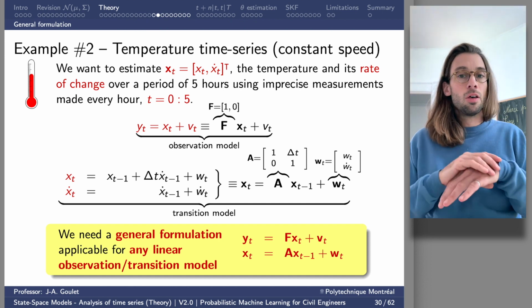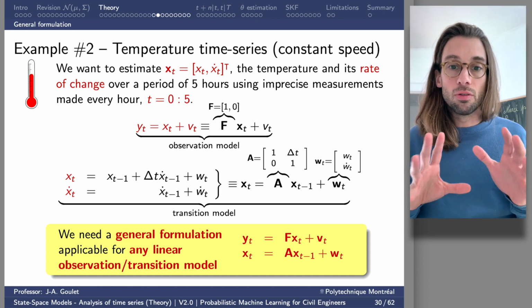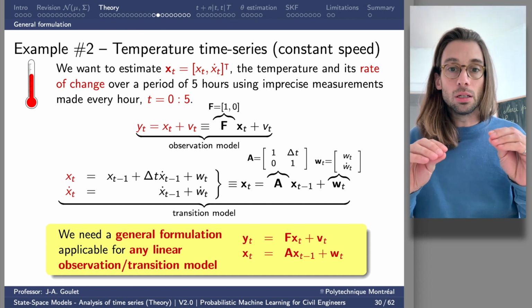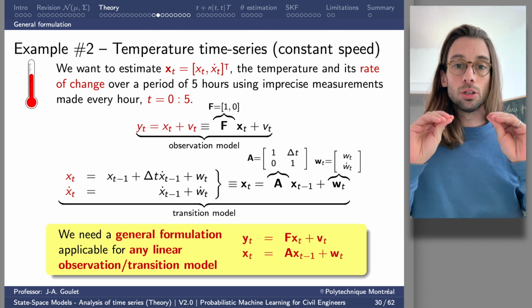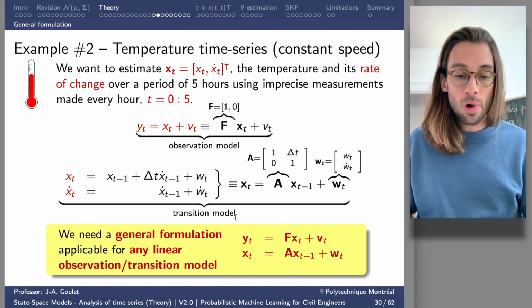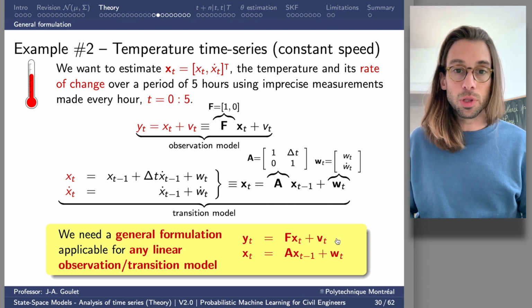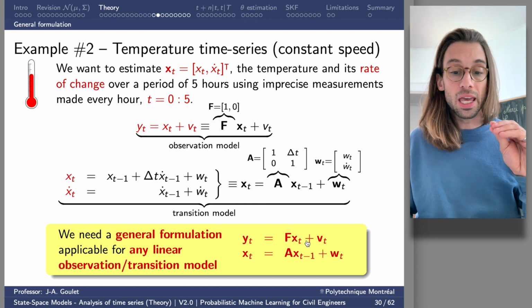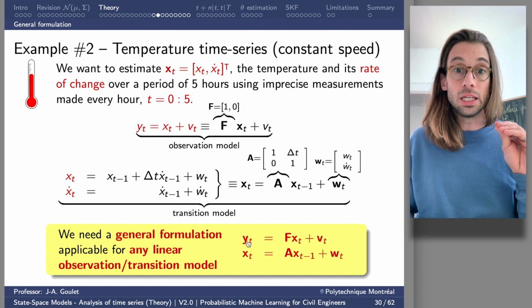So at the end, for everything we're going to deal with from now on, we have two things: the observation model and the transition model. The observation model always takes that form, yt equals F xt plus vt, where F controls which of my hidden states xt contribute to my observation vector yt.